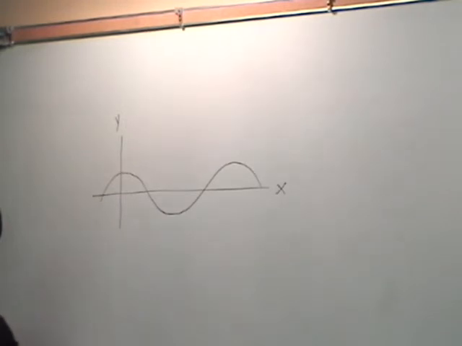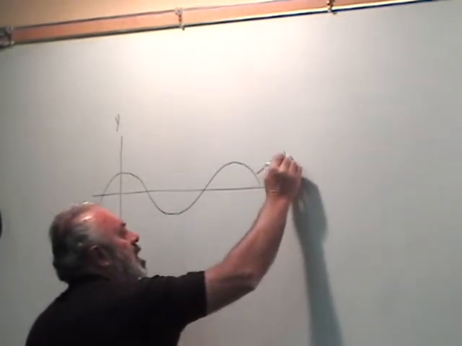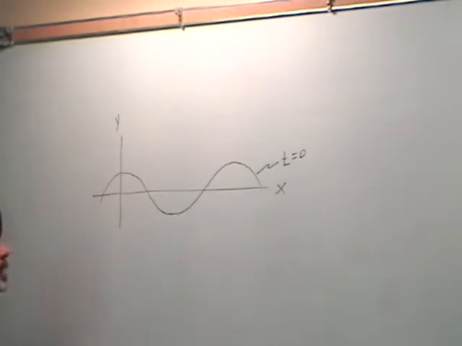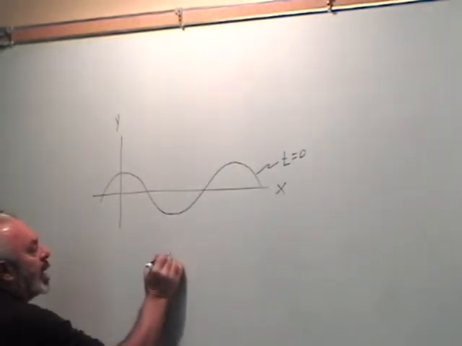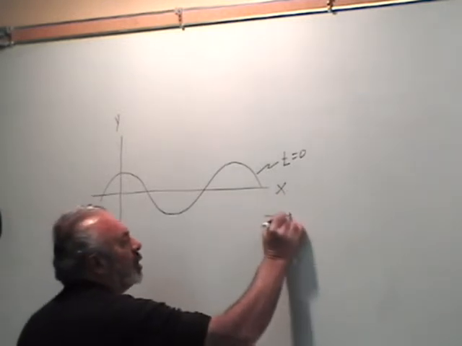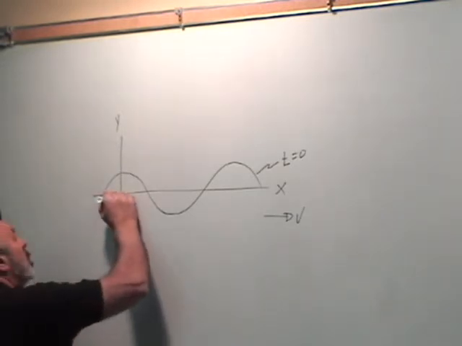It's not necessarily a harmonic wave, but it looks like one like that. So this is what it looks like at t equals 0. We'll allow it to move in the right-hand direction, so I'll put a velocity over here, v, in this direction, so that sometime in the very near future, let's say that it now looks like this.